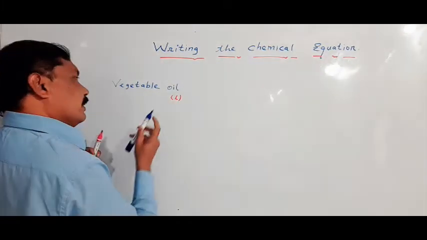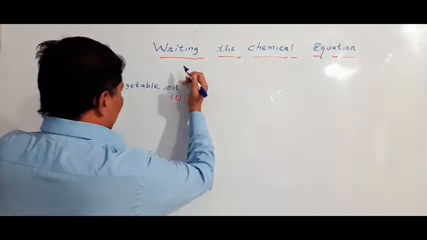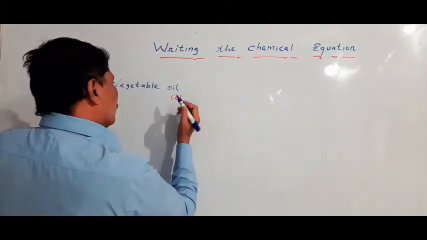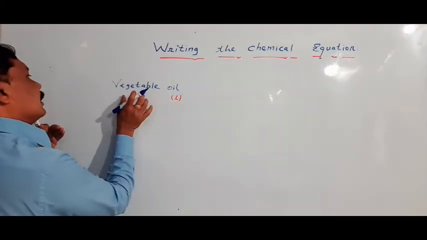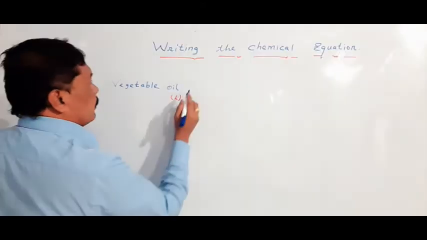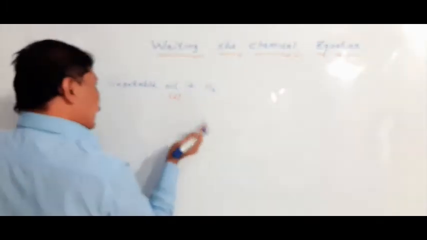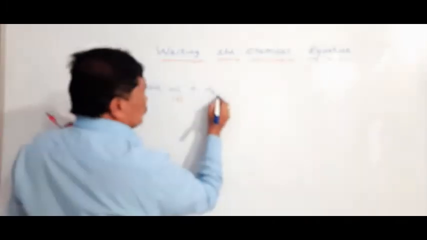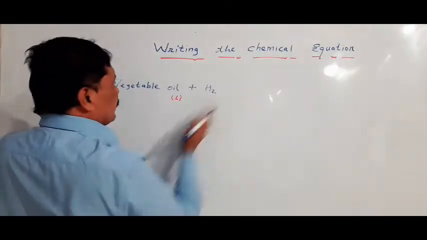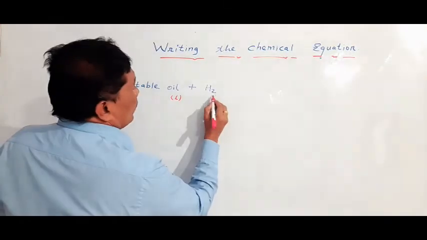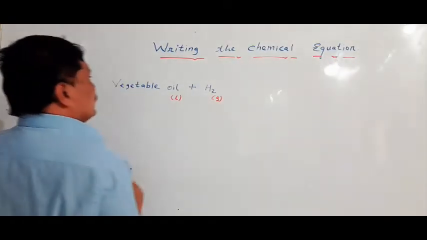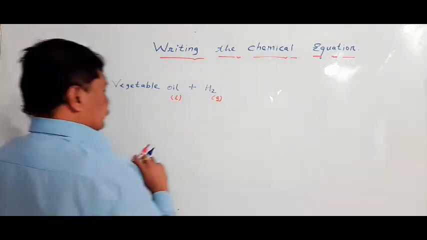Vegetable oil, liquid, physical state, writing below the reactant in a subscript, plus hydrogen gas. It is towards the reactant side, so I can write here in the subscript G. G stands for gas.